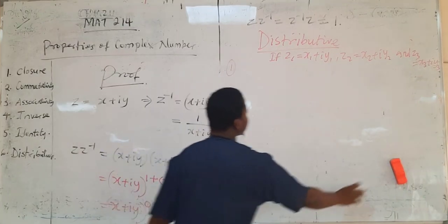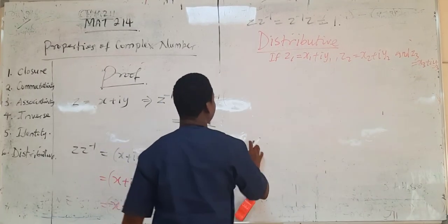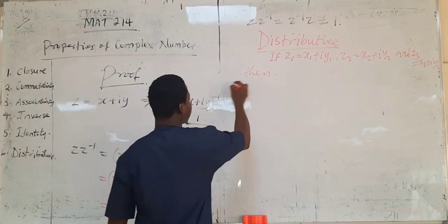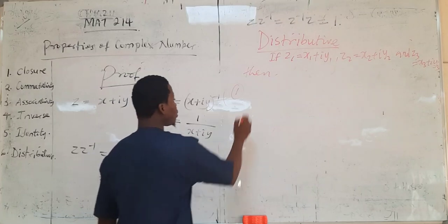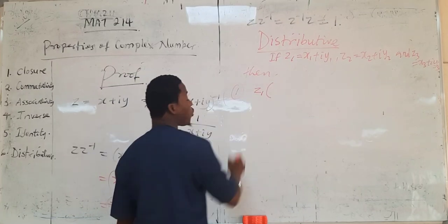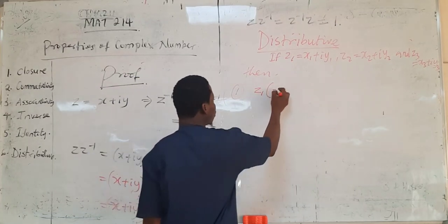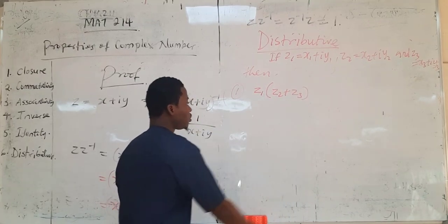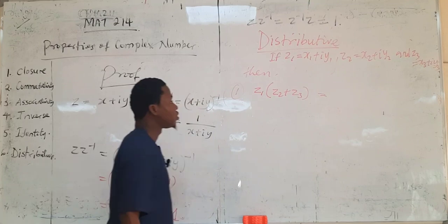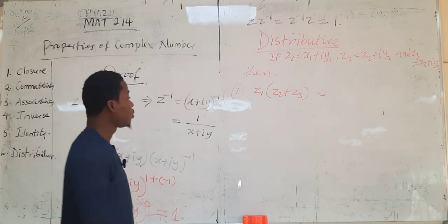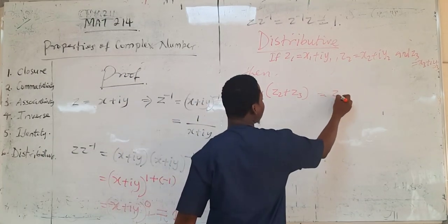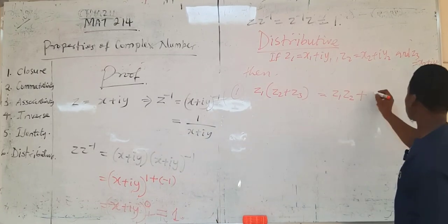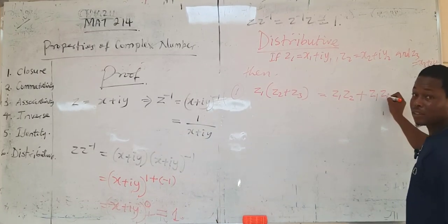Then, one, z1 open bracket z2 plus z3. So what do we have? z1 z2 plus z1 z3.